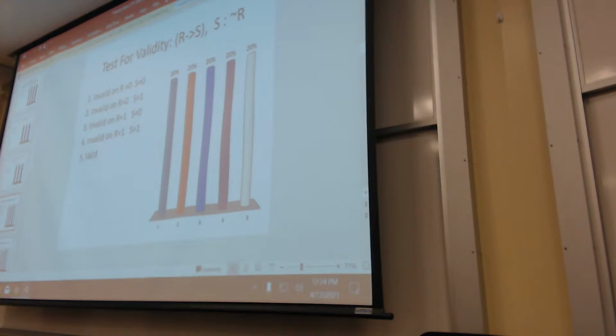You can also use the truth table. We'll start with the conclusion. When R is false, not R is true. When R is true, not R is false. And therefore, values 1 and 2 cannot give us an invalid set of values.